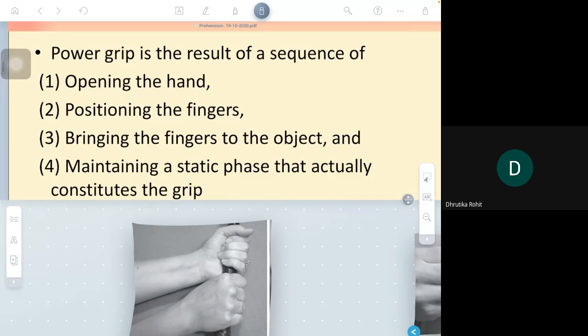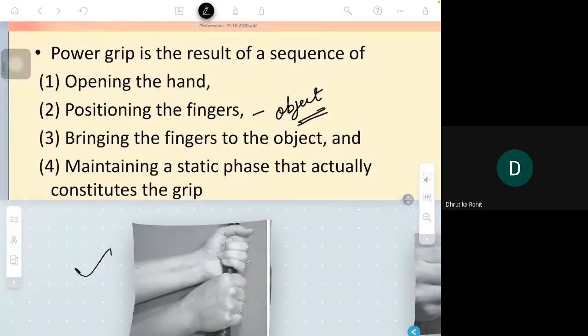In power grip, first you have to open the hand, then you have to position your fingers. Positioning the finger differs from object to object. It varies.